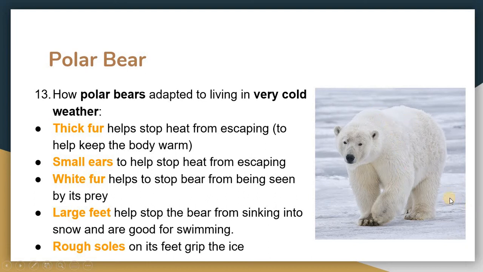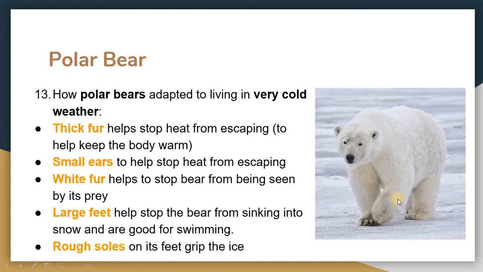If you notice, the environment that they live in has lots of ice, lots of snow, so they are white in color. It helps them camouflage in the snow, and also at the same time, prevents humans from detecting them. But often, when we see a polar bear, the polar bear is not the one running, but humans are the ones running away from them.